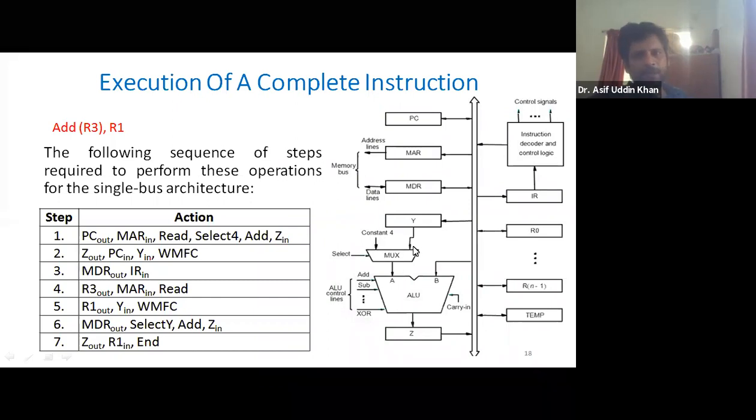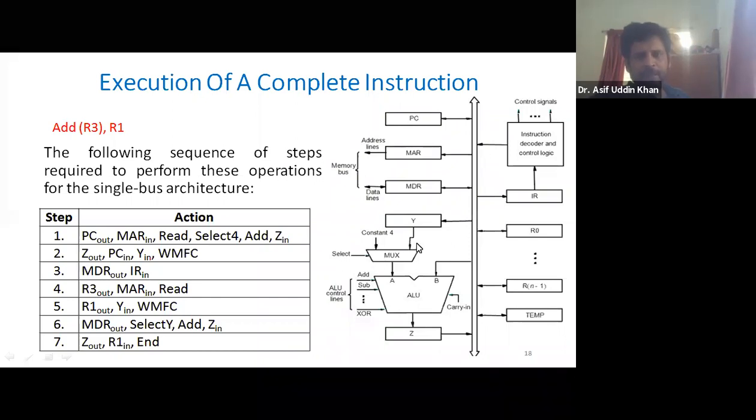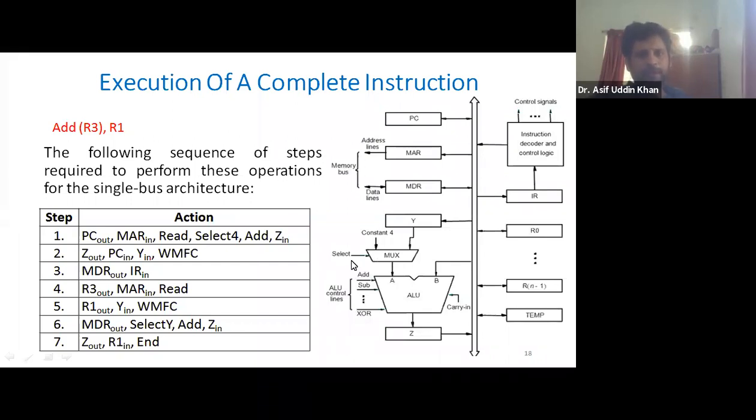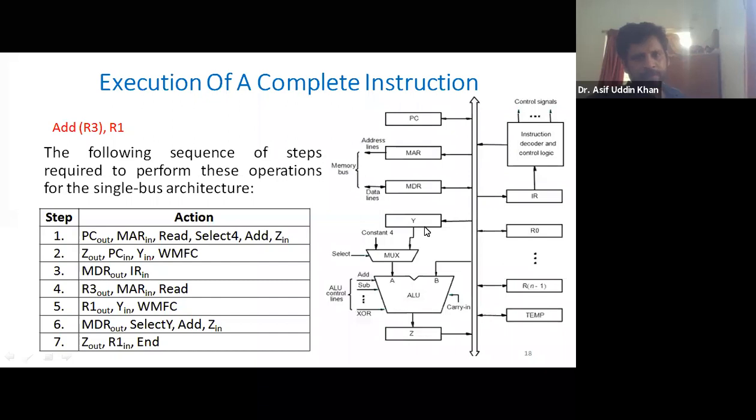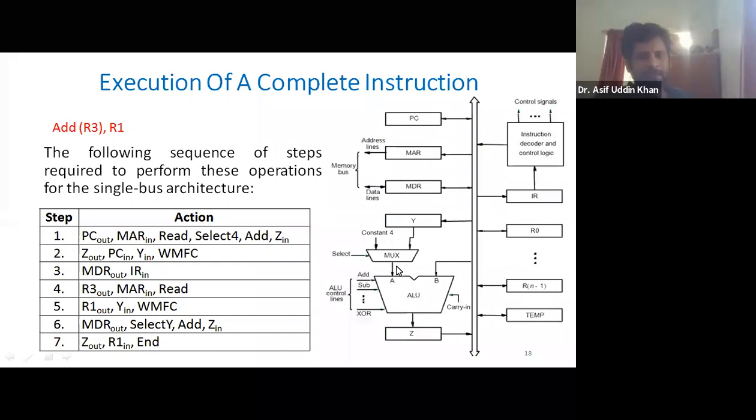So if I select 4, the output from this multiplexer will be 4. If I select Y, the output will be the value of the Y register. Is that clear now? Yes, sir. So a multiplexer is a digital circuit that takes multiple inputs and gives one output.